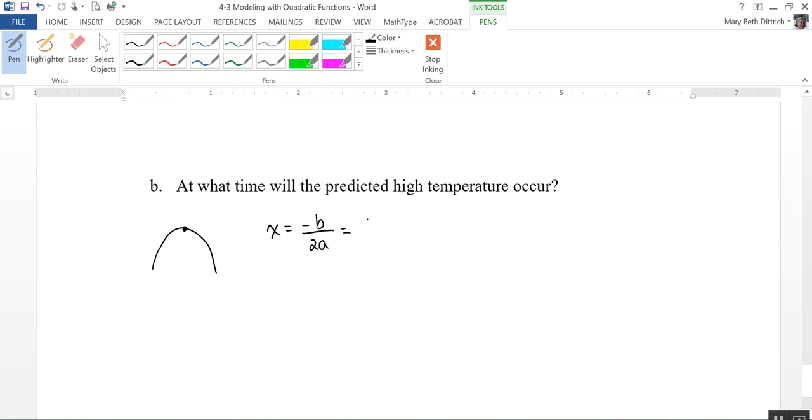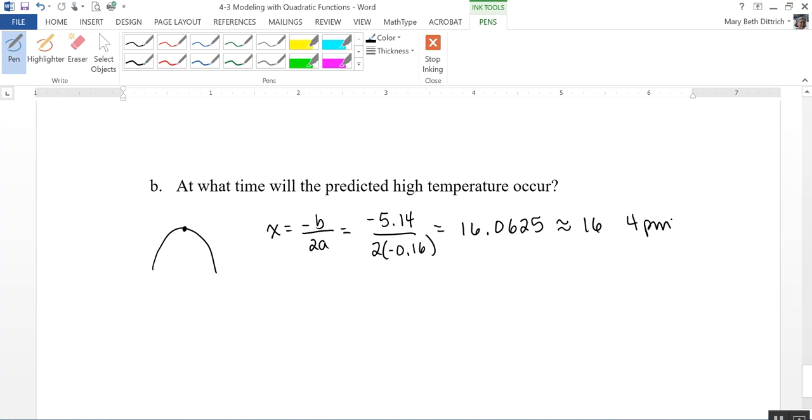or negative 5.14 over 2 times negative 0.16, and that gives me 16.0625, or approximately 16. But remember, what does that mean? That's 1600 hours, so that's at about 4 p.m. in the afternoon.